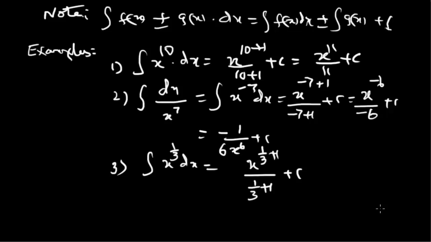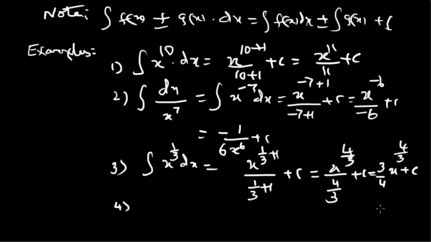N is what? 1 by 3. So that can be added by simple addition, x power 4 by 3 by 4 by 3 plus c. Now this also can be done, the denominator goes to the numerator. That is 3 by 4 into x power 4 by 3 plus c. You can write.